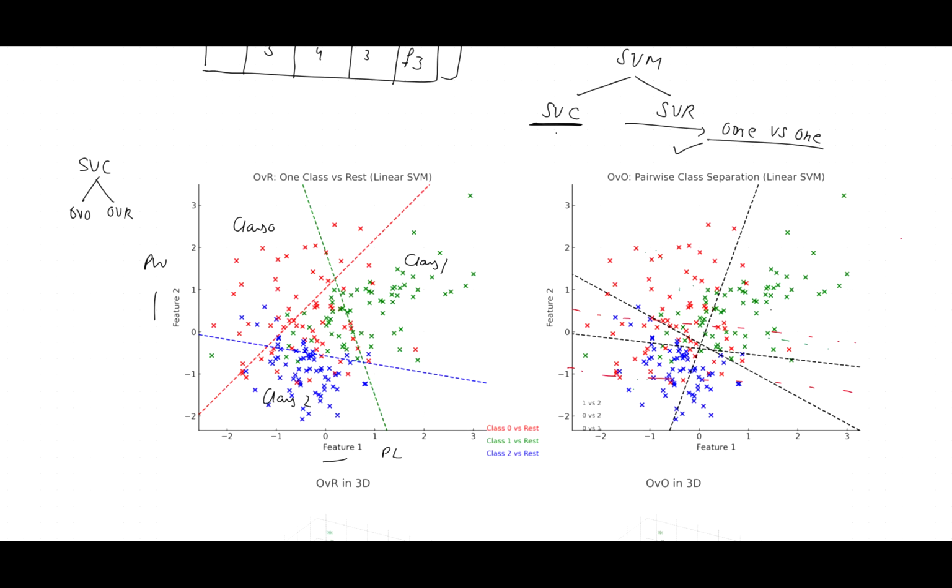This is the default. Even if you don't mention it, when you apply this SVC, it will work at the back end and pick up this one. But if you want to separate one class from the rest of the classes, if you think this will give more accuracy to your model, then you can try this too.